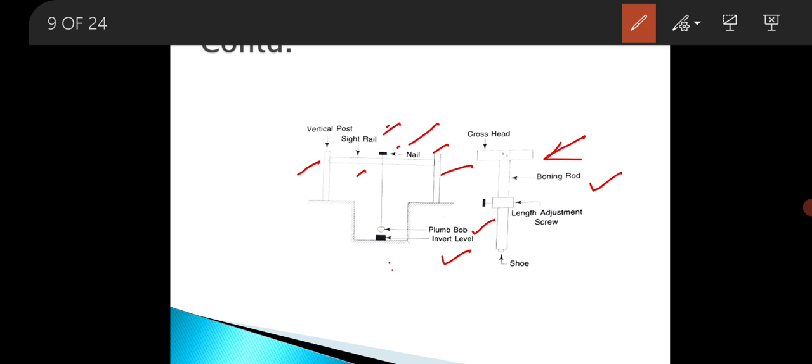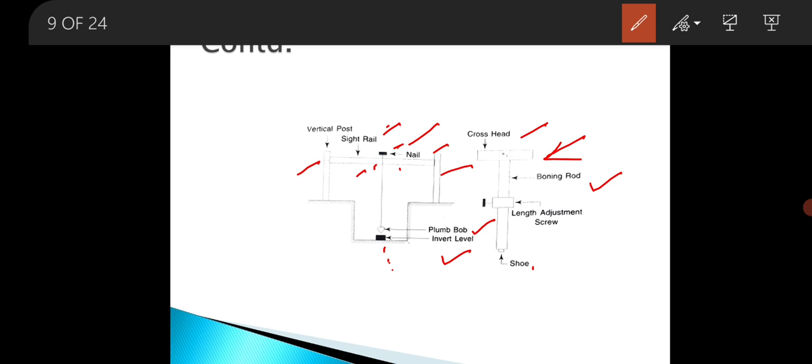The length of this boning rod is adjusted according to the height noted on the side rail, that is the distance between the side rail and the invert level. The crosshead of the boning rod is leveled with the upper edge of the side rail, and the bottom edge of the boning rod will indicate the invert level.